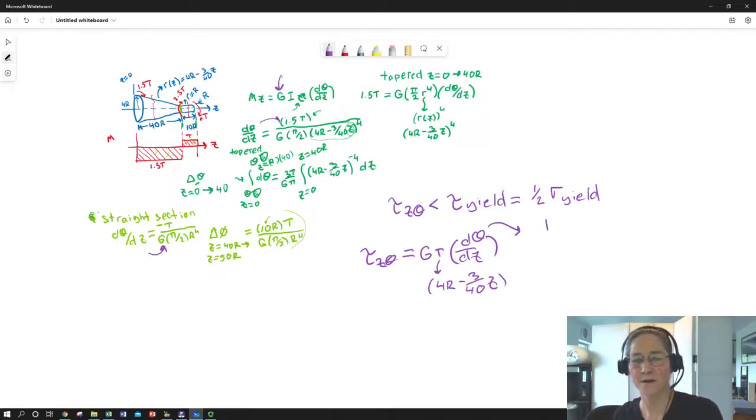And this is our 1.5. Actually, let me simplify that, 2 pi at the bottom. It's going to be 3T over G pi. And then we have our linear expression for radius in terms of position raised to the 4th.